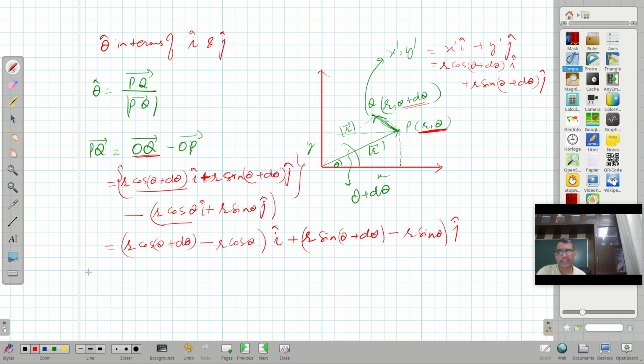So r can be taken outside: r times cos of theta plus d theta minus cos theta i cap, plus r times sin of theta plus d theta minus sin theta j cap.